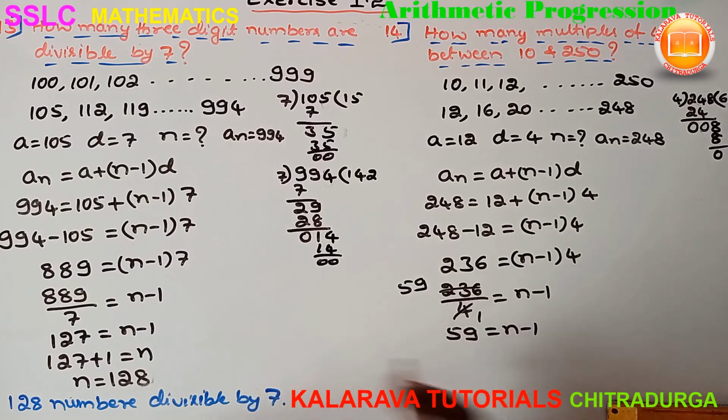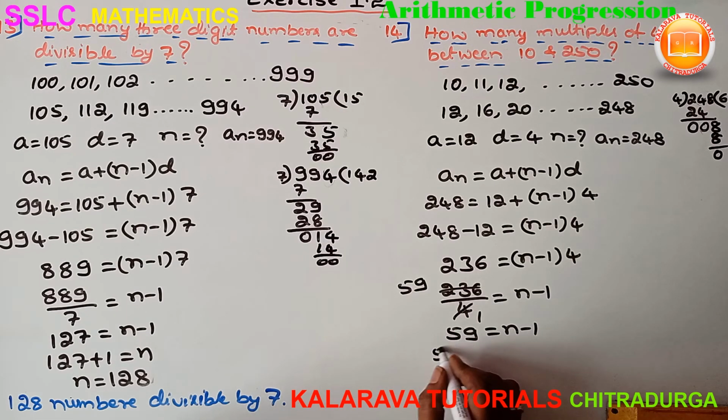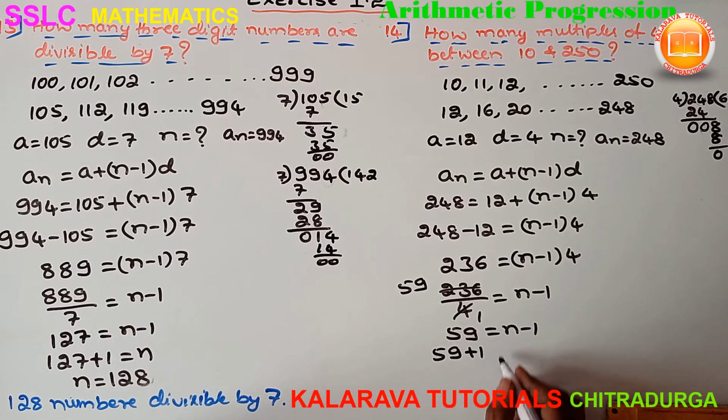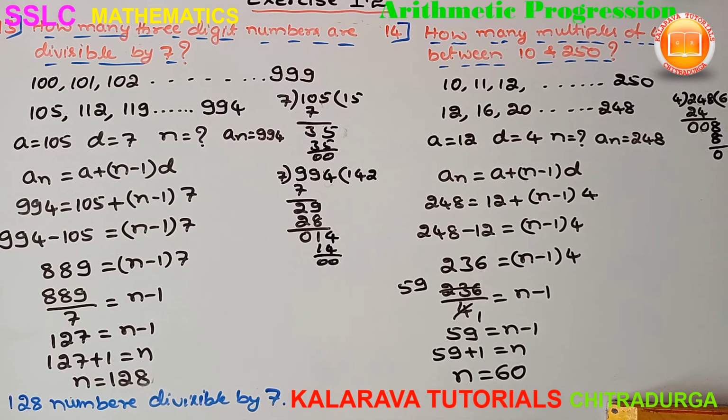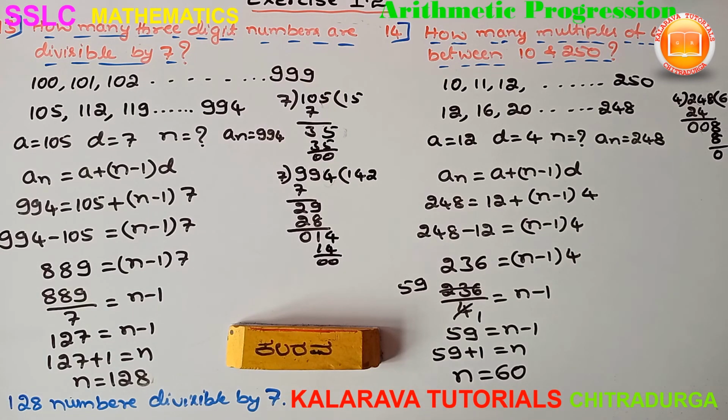Now we have to transfer this minus 1 to the left hand side. 59 plus 1 is equal to n, so n is equal to 60. Here there are 60 terms that are divisible by 4.